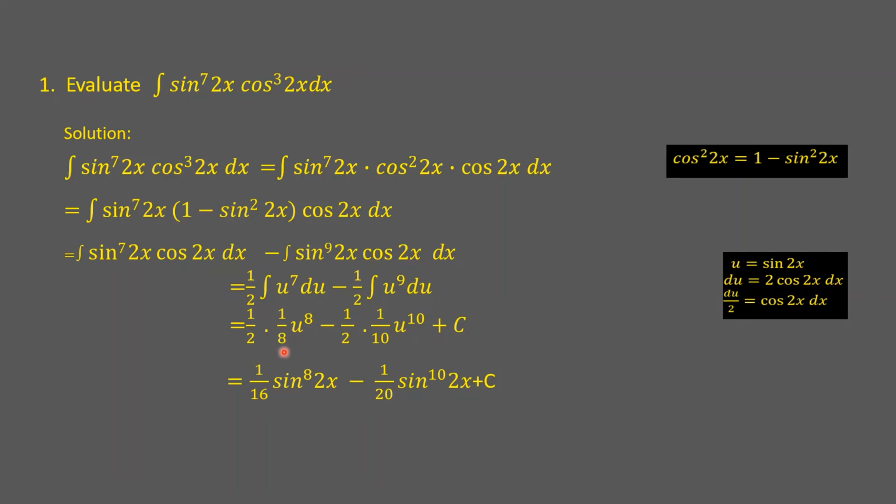Hence, the result is now given by 1/2 times 1/8 of u to the 8th minus 1/2 times 1/10 of u to the 10th plus c. And if we now replace u in terms of sine 2x, then this integral is given in terms of the variable x as follows. We have 1/16 of sine to the 8th 2x minus 1 over 20 times sine to the 10th 2x plus c.